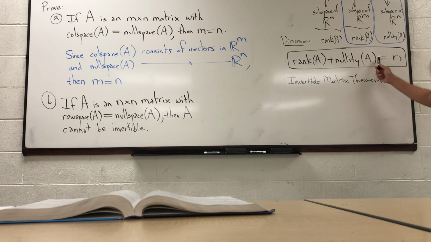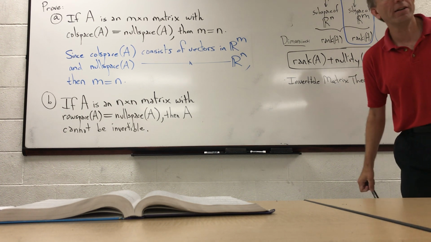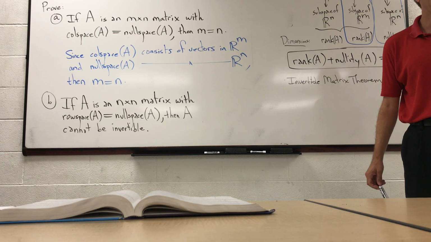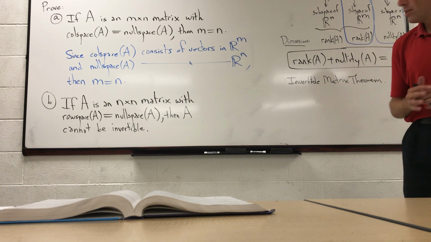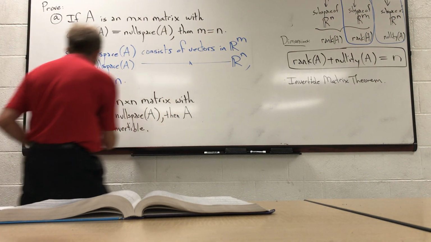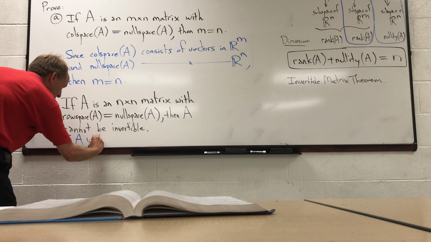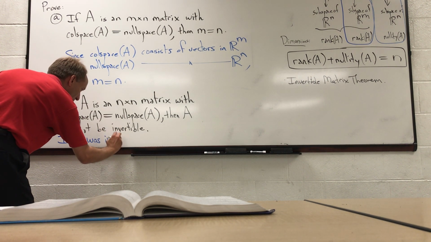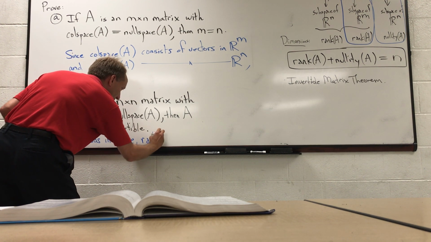So this is what you want to look at. Well, if A was invertible, what would its rank be? n, right? Remember, an invertible matrix has full rank. So if A was invertible, let's just see what would happen here. If A was invertible, then its rank would equal n.